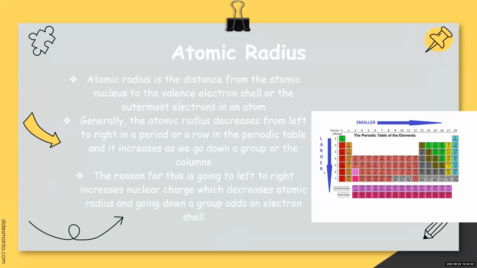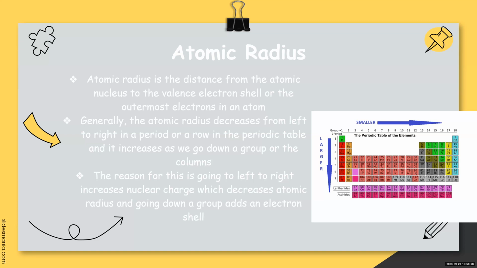Okay, so first, let's start with atomic radius. It's basically the distance from the atomic nucleus to the valence electron shell, which is the outermost electrons in an atom. Generally, the atomic radius decreases from left to right in a period, which is basically the rows of a periodic table, and it increases as you go down a group, which is the columns.